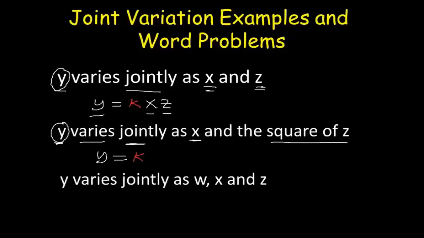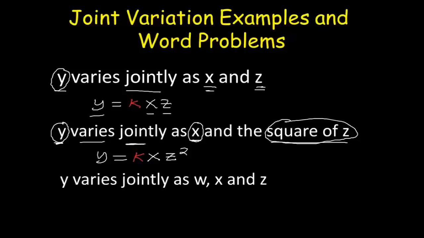So this will be k times x, and the other is the square of z, so z raised to the power of 2. Its translation is y is equal to k times x times z squared.